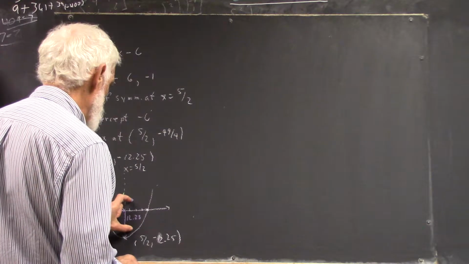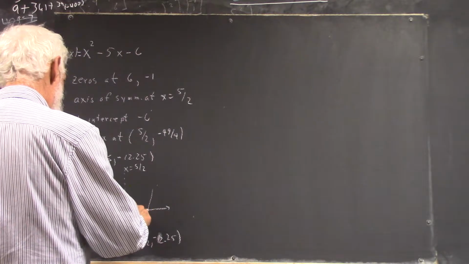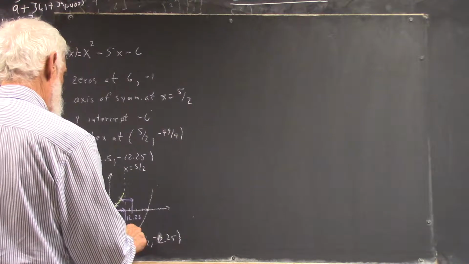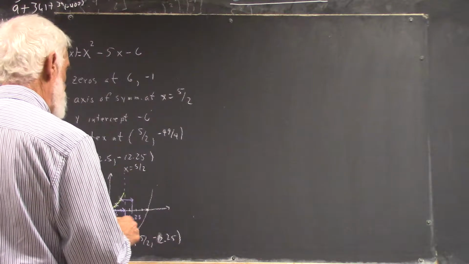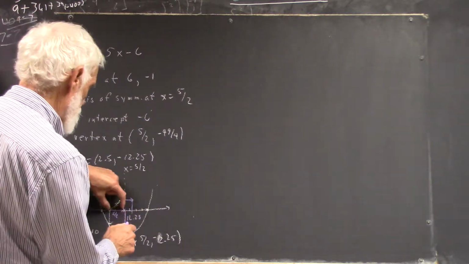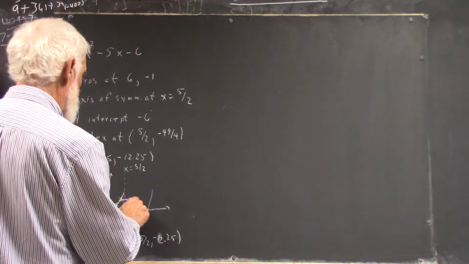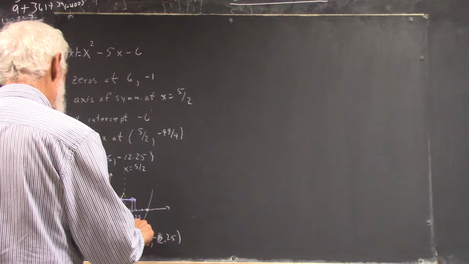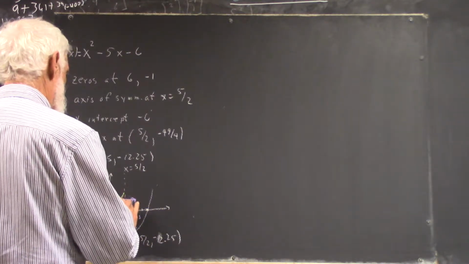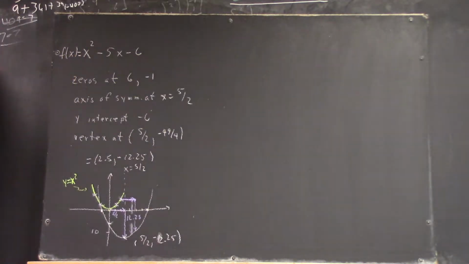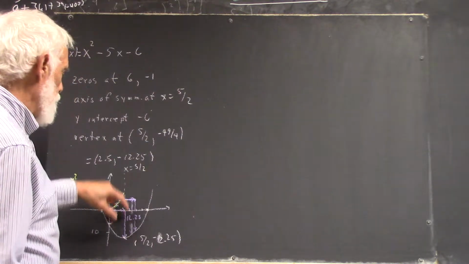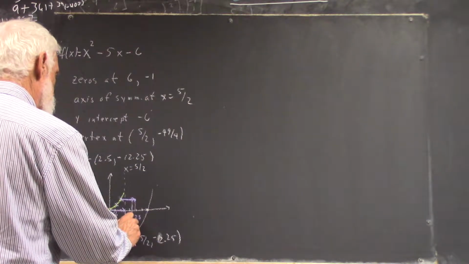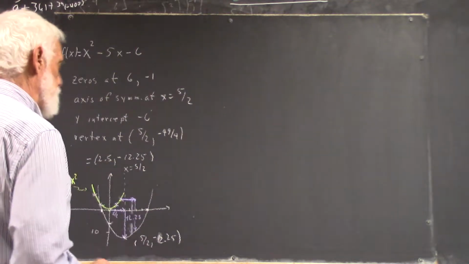Then we're going to move down this far. I didn't move it nearly far enough here. This one should have been over about here, and then we go down about to here. Okay, so here's our 5/2. Here's our negative 12.25. Put a negative sign in front of that.